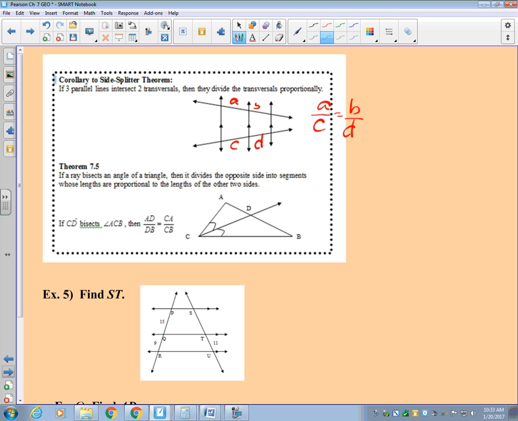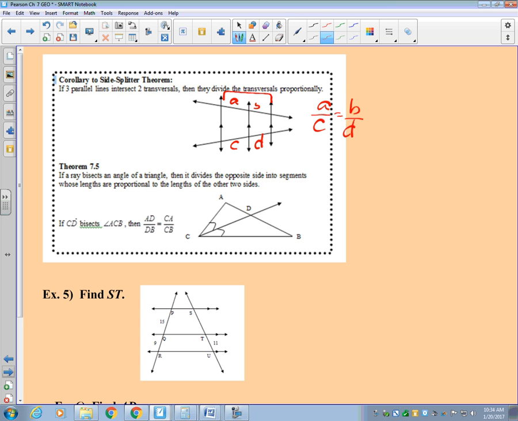So it doesn't have to be a triangle. This works with 2 lines hanging out, cutting across the parallel lines. The same rule applies as well.